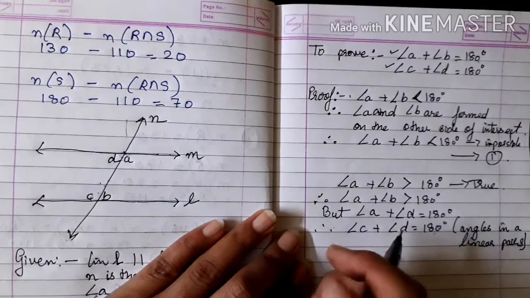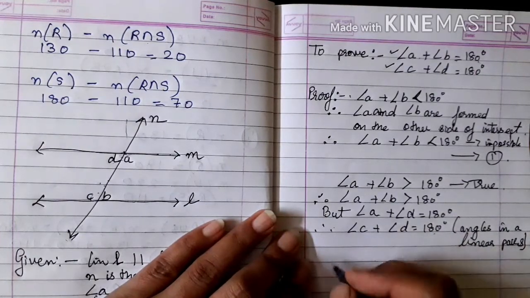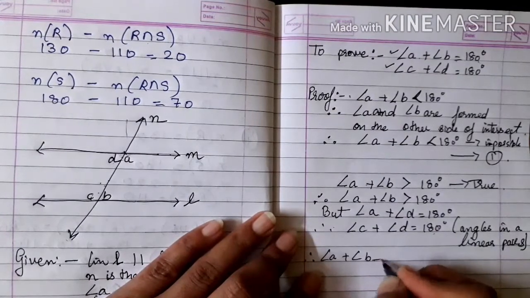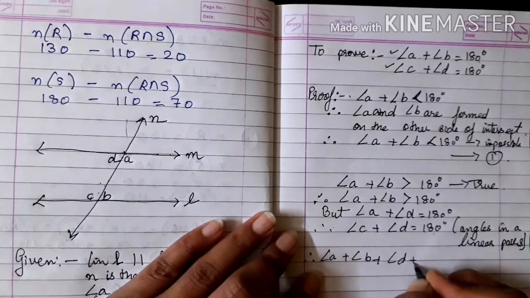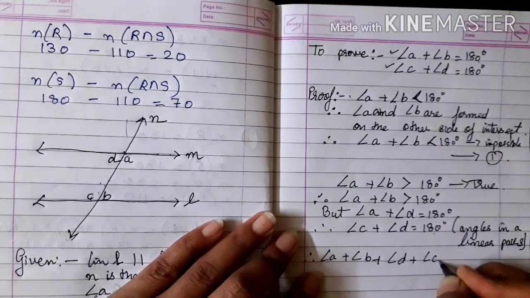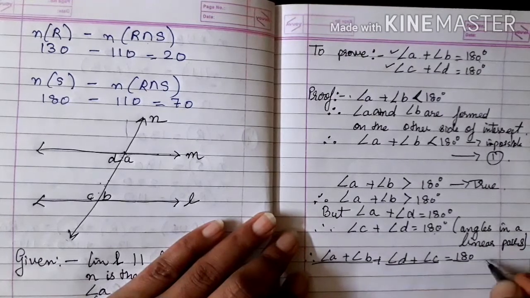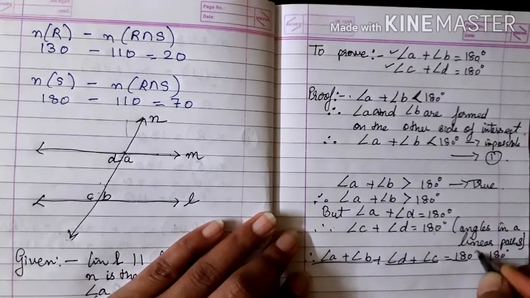Now, suppose angle A plus angle B plus angle D plus angle C gives us 180. This was 180, this is 180. So what will be the total? 360.